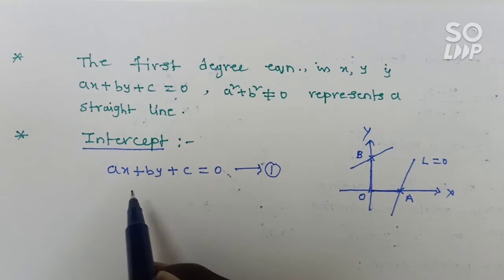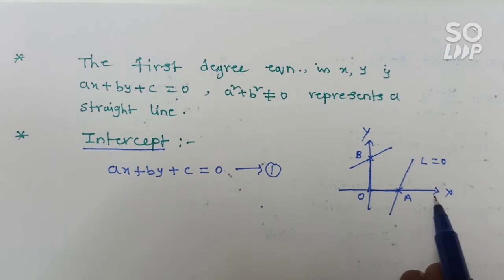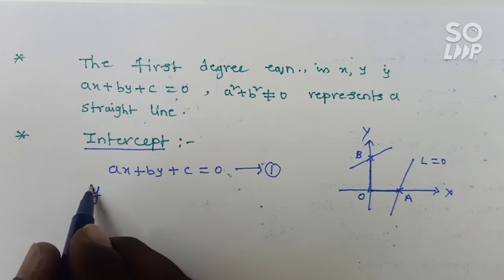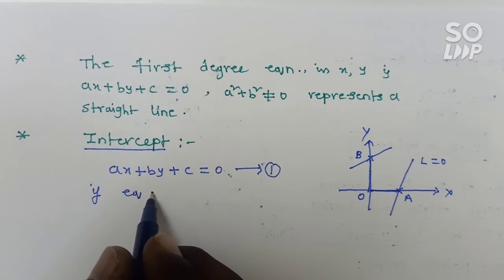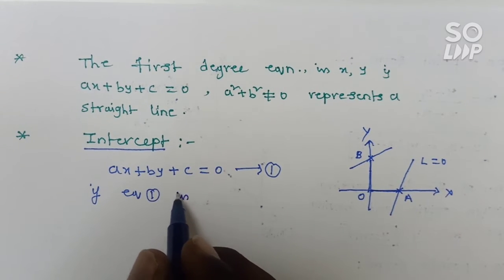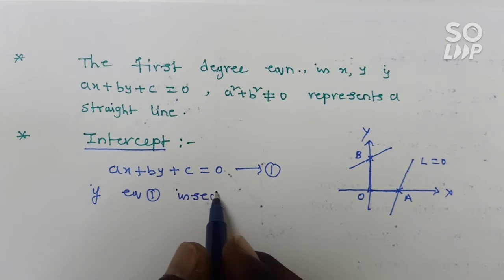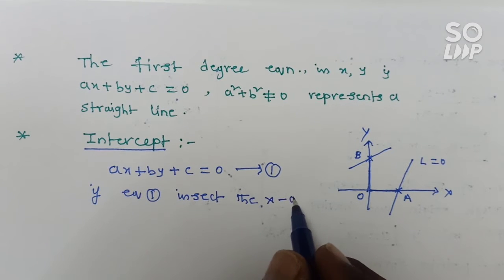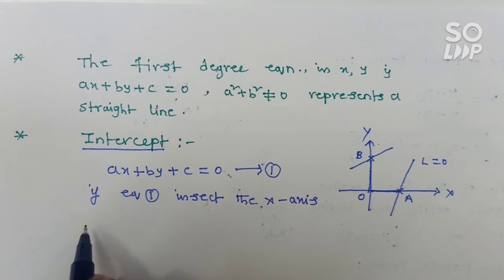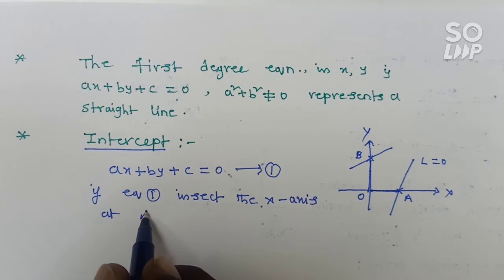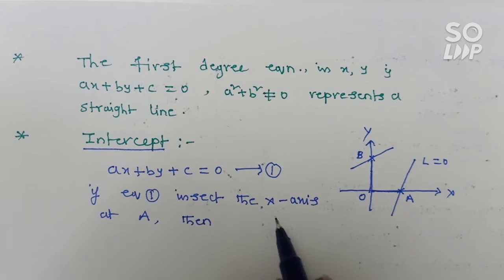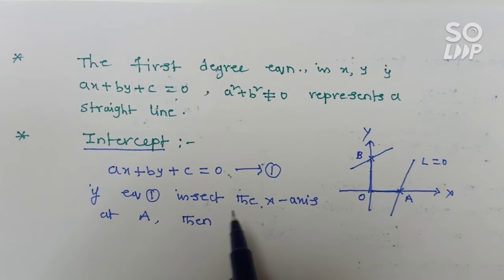See, if equation 1 intersects the x-axis at A, then note that intersect is different from intercept.